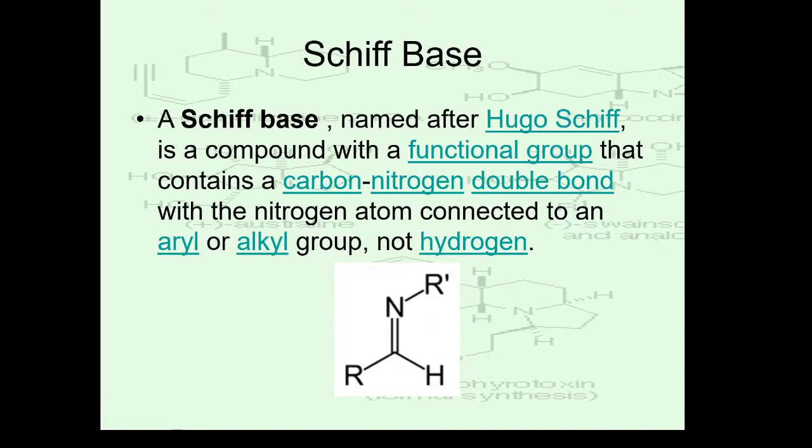The Schiff base is named after Hugo Schiff. And again, here is the general form for a Schiff base. These could be hydrogens. They don't have to be R groups. This has to be an R group.